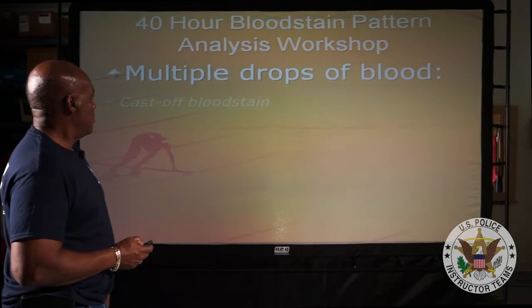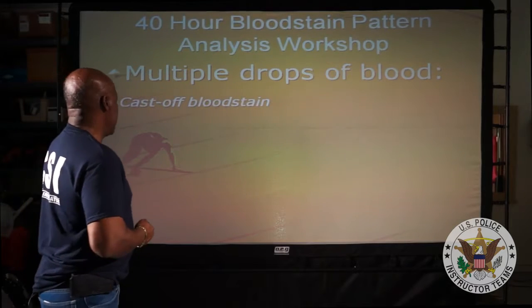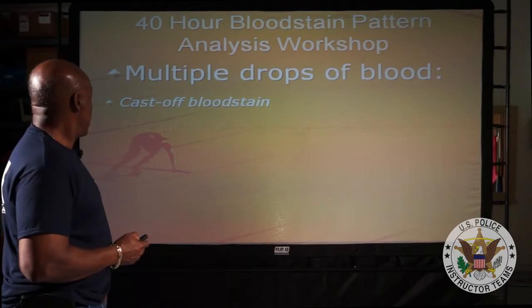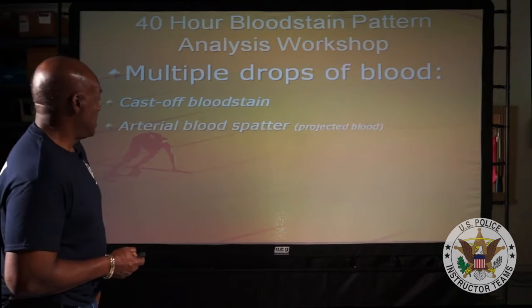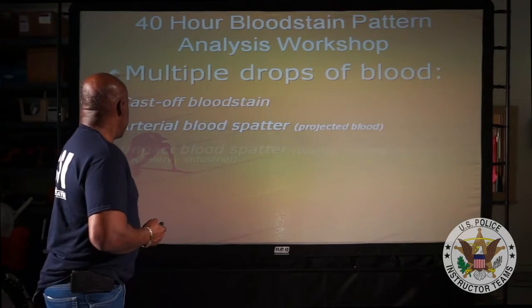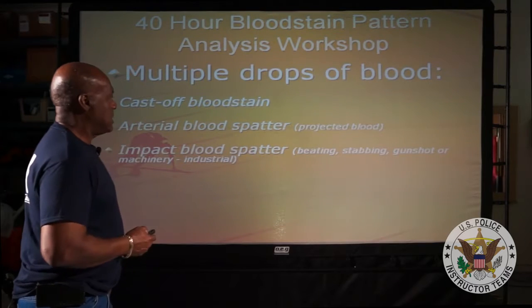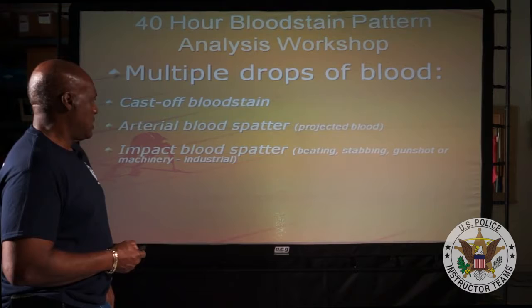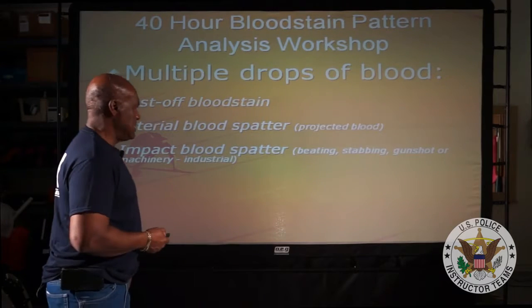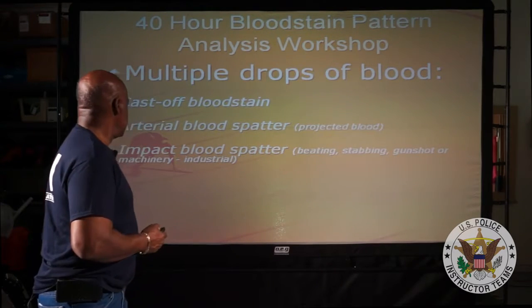Now we move away from single drops, and that would include cast-off blood stains and arterial bleeding, which is a form of projected blood. It has an initial velocity. Then impact burst patterns, which are beating, stabbing, gunshot, or machinery, industrial, and this is normally getting into medium and high velocity.